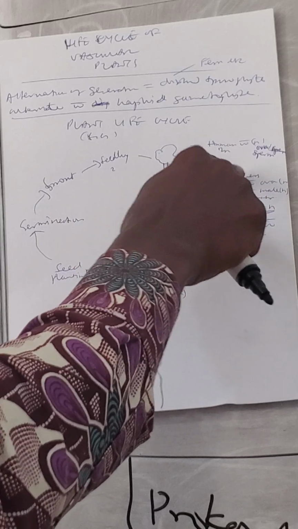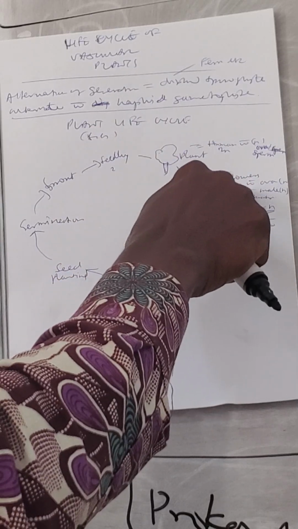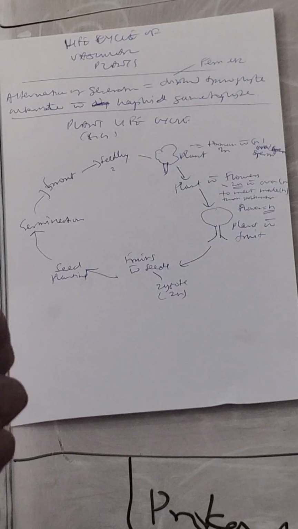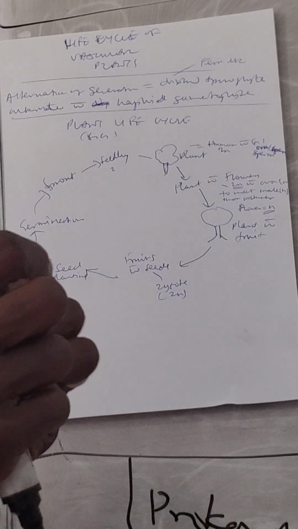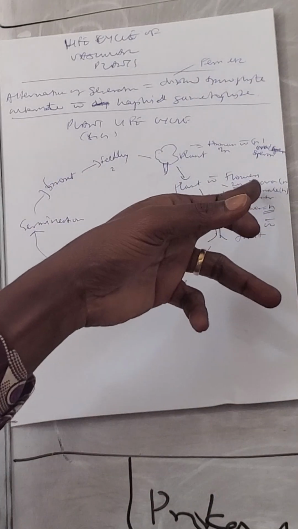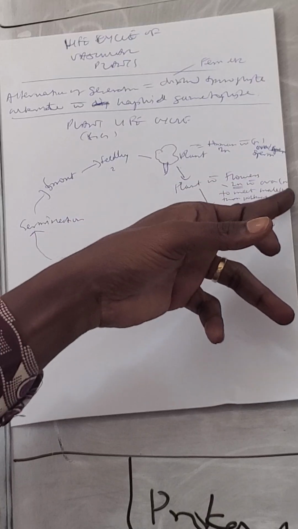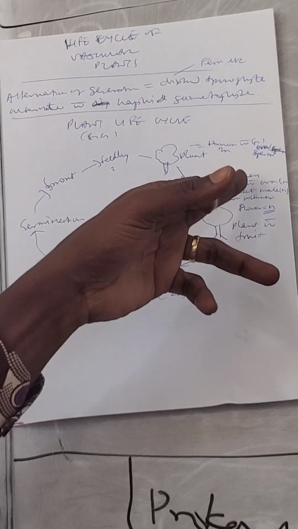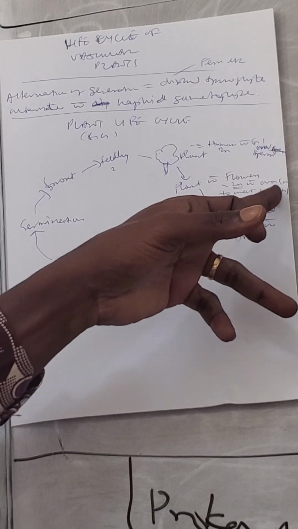Okay, so these sex organs will contain the ova or the eggs. But the eggs will be formed from cells. The cells will be split into two, so they will become n. The eggs, or the ova, specifically called the ovule in the flower, is n.